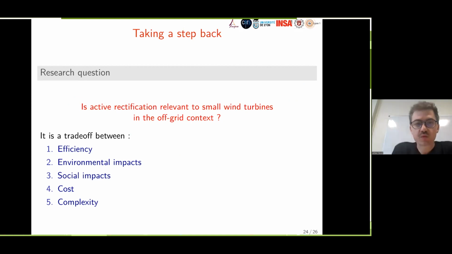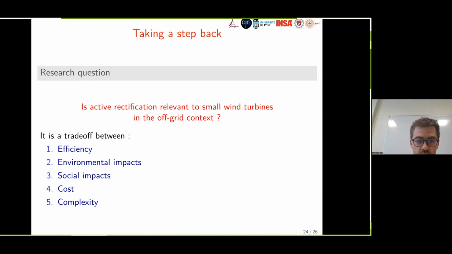So now let's try to take a step back from this. Our research question is: is active rectification relevant to small wind turbines in the off-grid context? Obviously, it is a trade-off between efficiency, environmental impacts, social impacts, cost, and complexity.